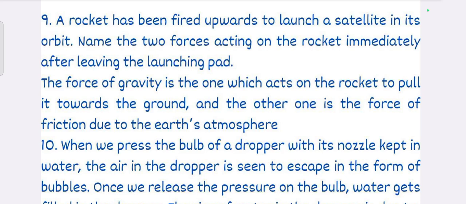And the other one is the force of friction due to the Earth's atmosphere.